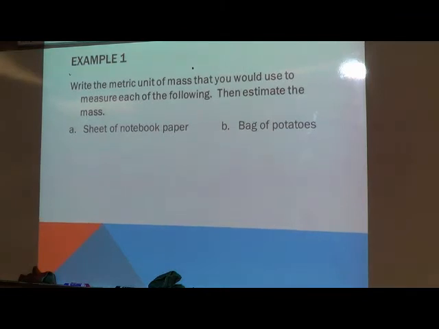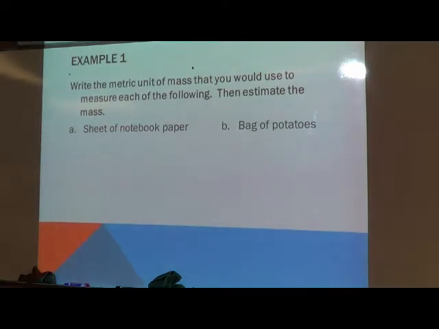And so now the first example says, write the metric unit of mass that you would use to measure each of the following. Then they want us to estimate what that mass would be. So for a sheet of notebook paper, we want to determine what we'll be using: a milligram, a gram, or a kilogram. Kilogram, way too big. This is not compared to apples.